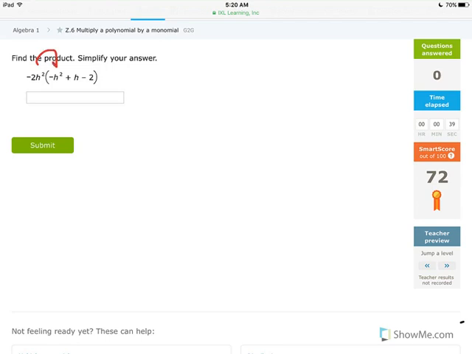And negative 2 times another negative. So negative 2, think of this as having a negative 1 in front of that h squared. So negative 2 times that negative 1, that's going to be positive 2. So a negative times a negative is a positive. And then h squared times h squared, that should get you h to the fourth.